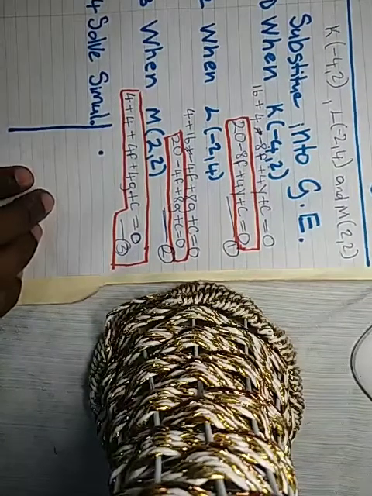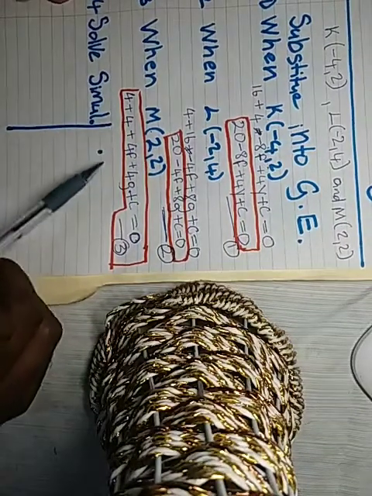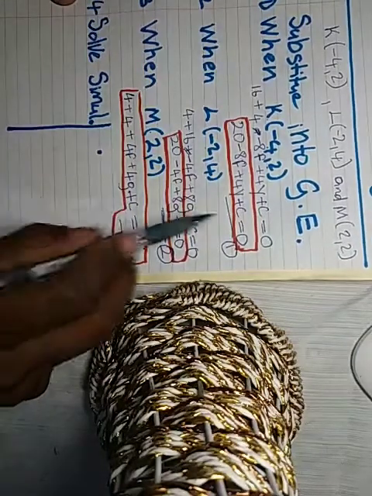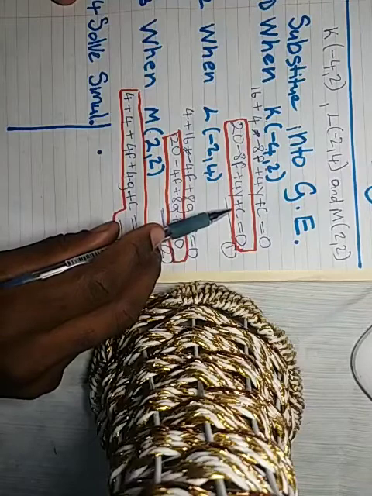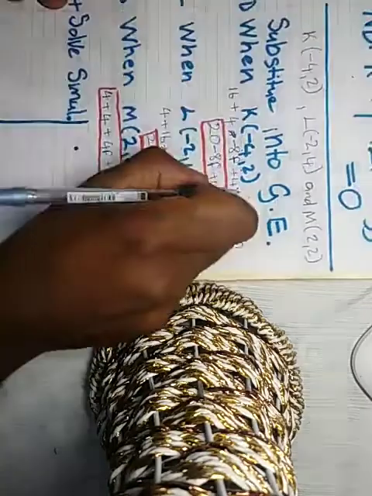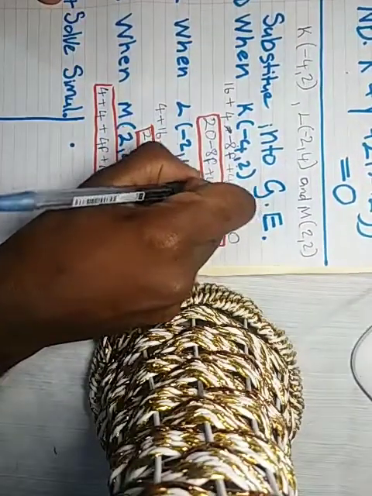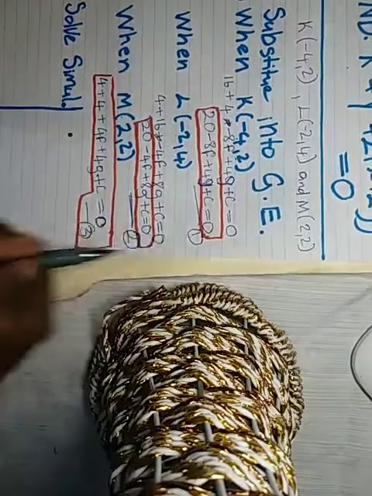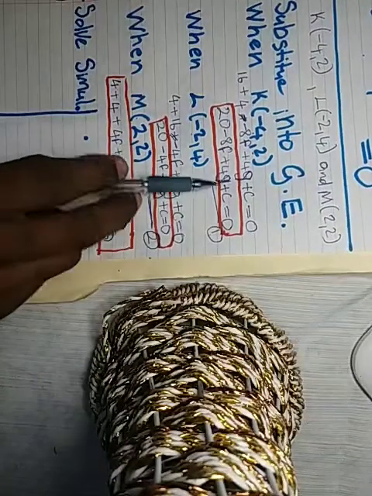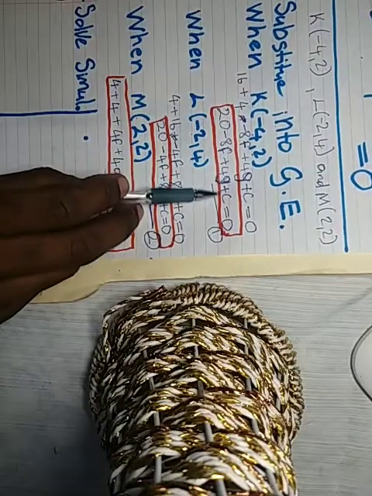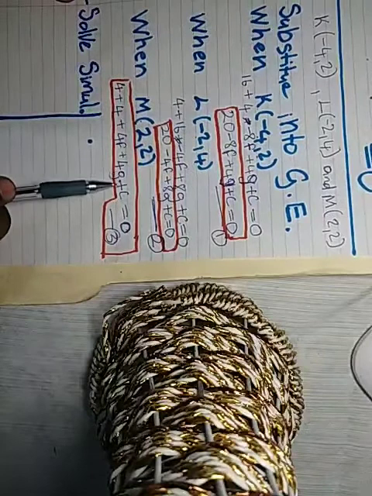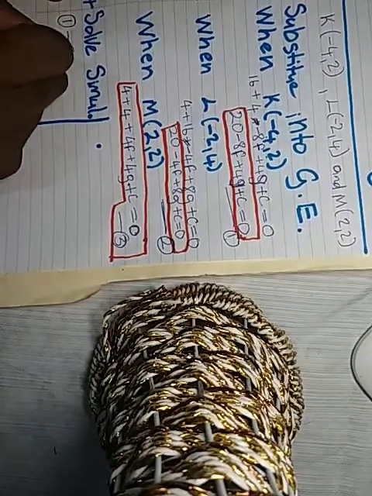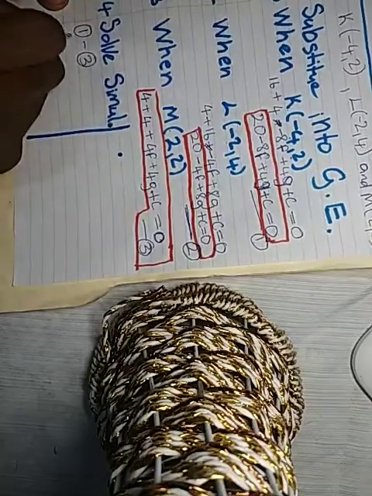We can eliminate c as well as g. For equation 1 and equation 3, if we subtract them, I see that the 4g plus c will eliminate with 4g plus c. So I'm going to say equation 1 minus equation 3.